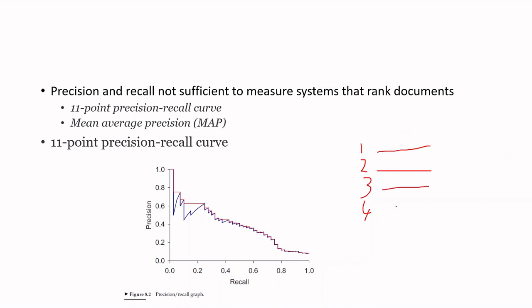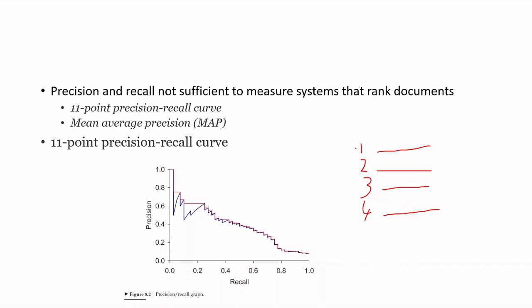Now in 11-point precision recall, what we are trying to do is plot precision versus recall for every document which has been retrieved. Previously, we were talking about precision and recall separately. Then we said out of the total number of documents which have been retrieved, how many are actually relevant. So it is a total we were looking at there.